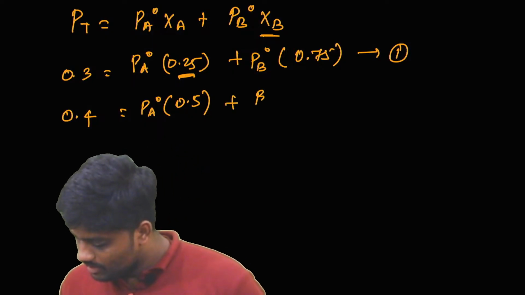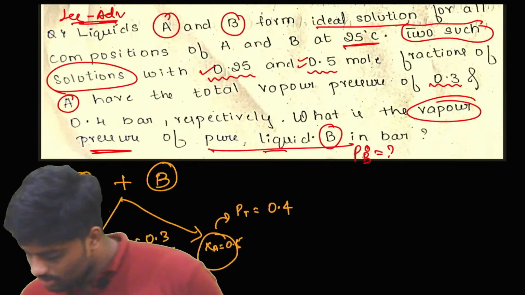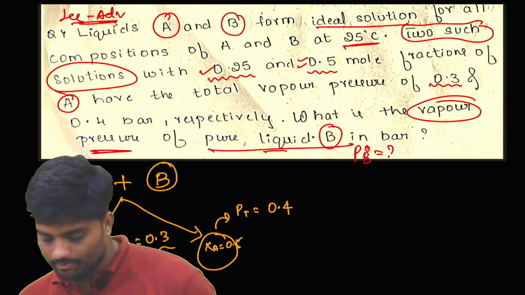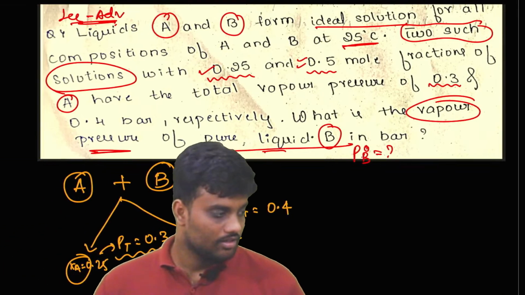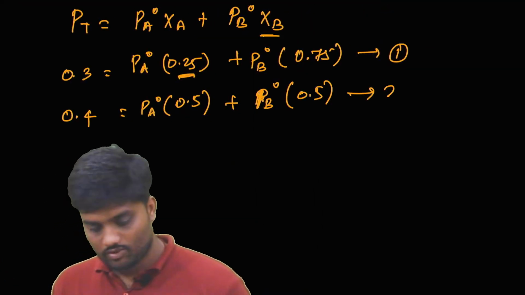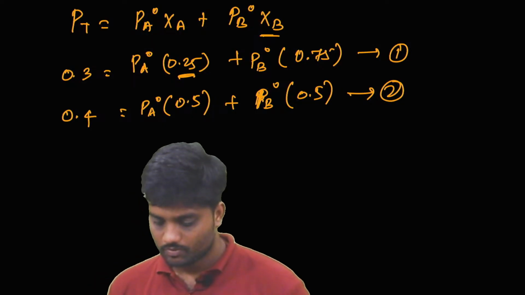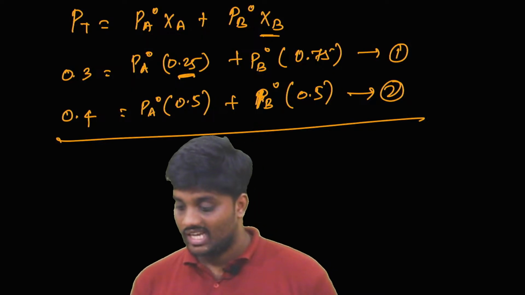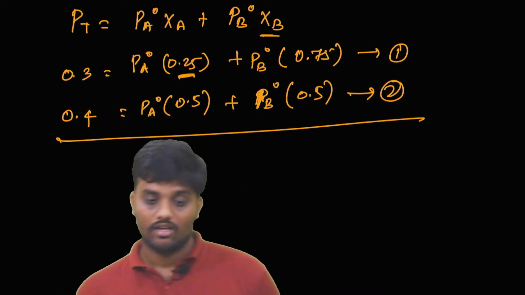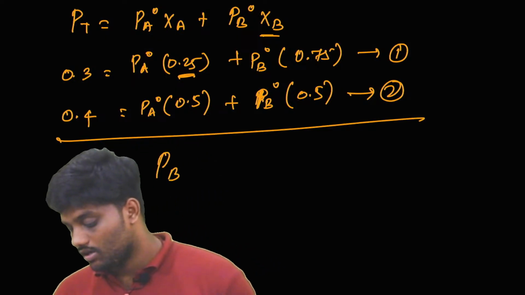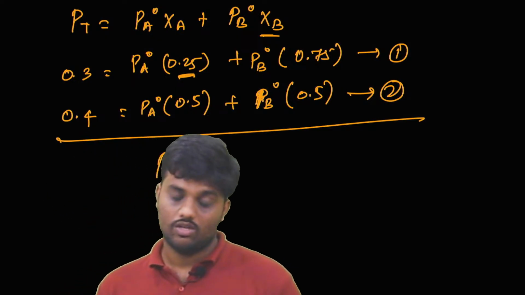Plus PB naught. Then what happens to Psi B? Psi B is 0.5. How much? 0.5. Okay, use the linear equation. You will get PB naught equal to around how much?